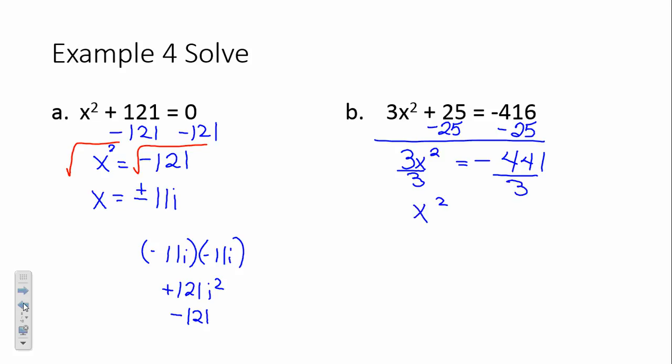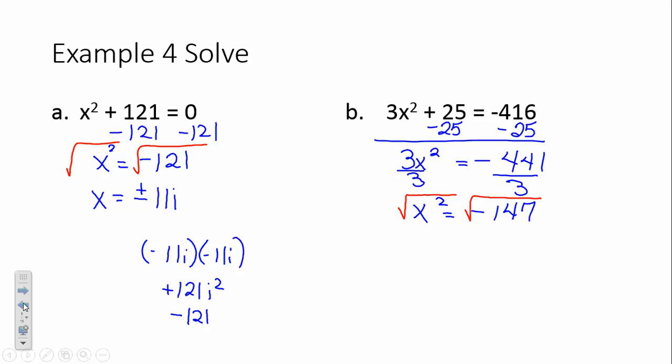So x squared is now negative 147. Now what do we do? Square root it, okay? So when you start making this square root sign, remind yourself, don't lose your negative.